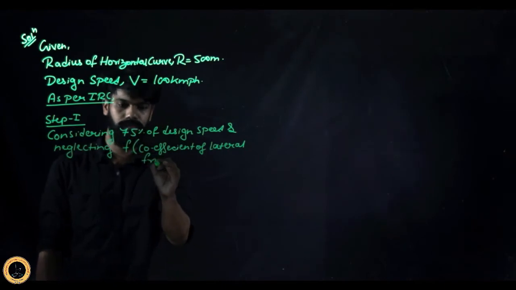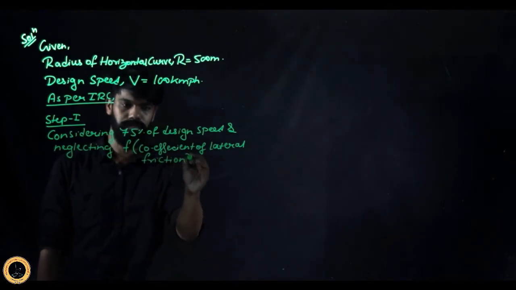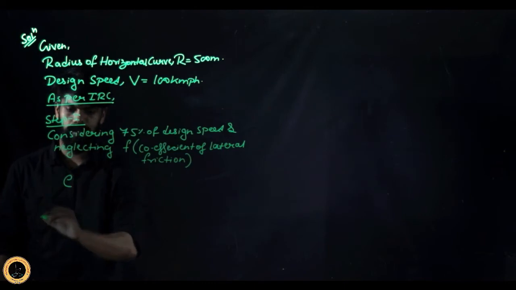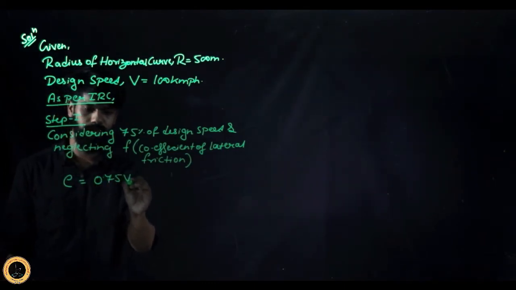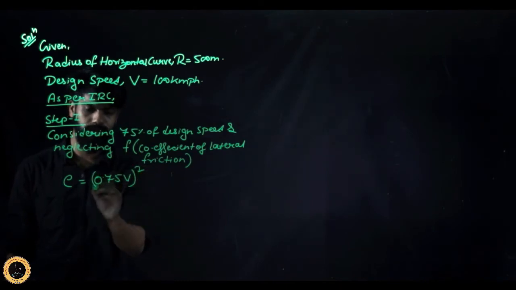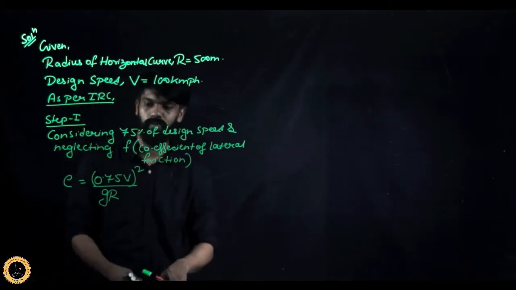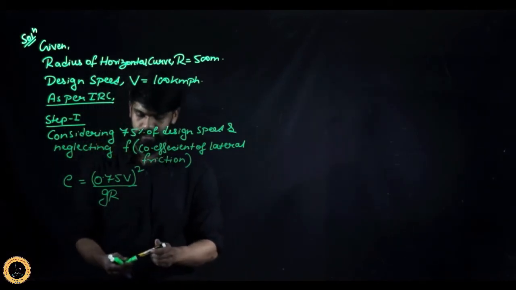Now I can write, E is equal to 0.75 V whole square divided by GR. You can use the other one also, E equal to V square upon 225 R, which is the same thing.